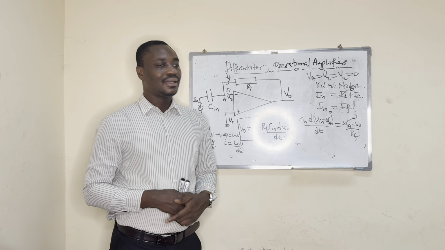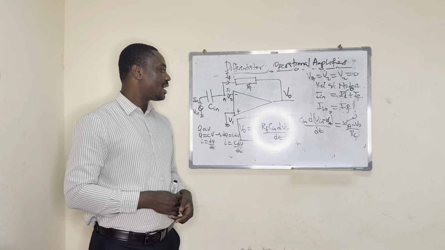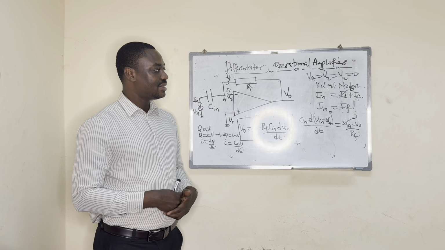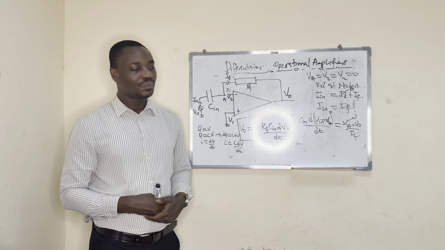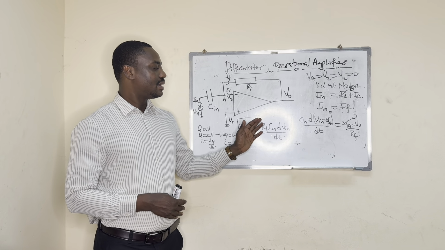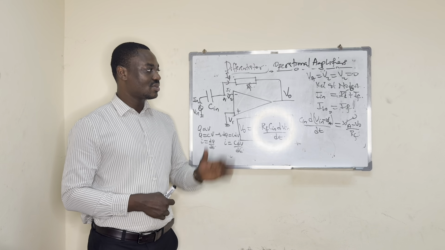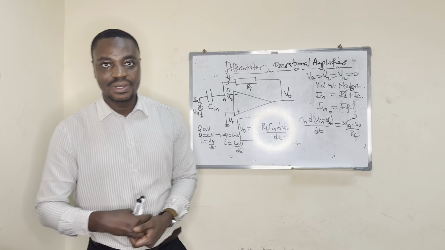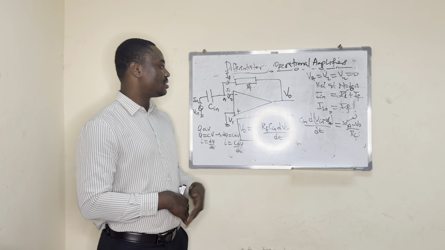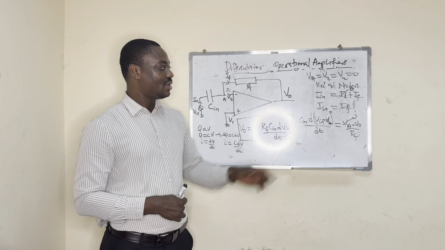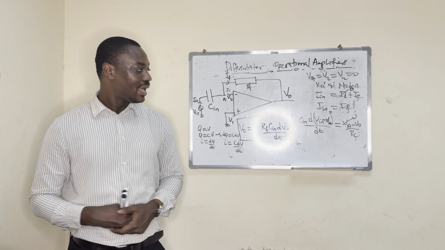Now I here is going to be 0, because we think about an operational amplifier as having an infinite input resistance. So the current into the operational amplifier is 0, and as a result we have I_in equal to I_F.